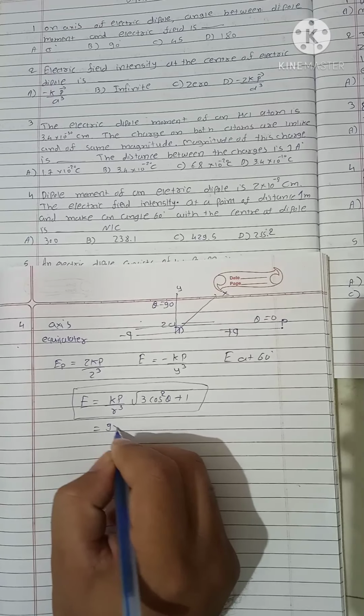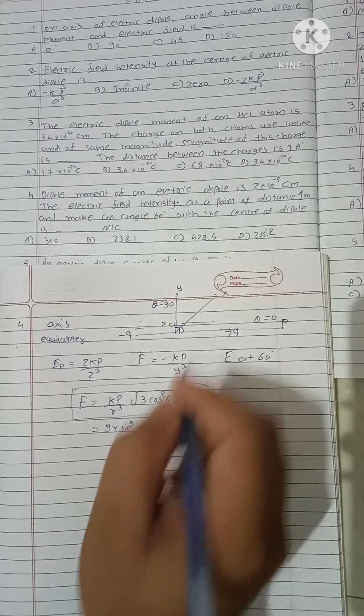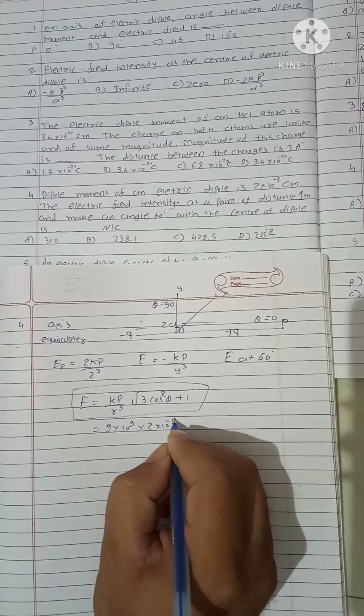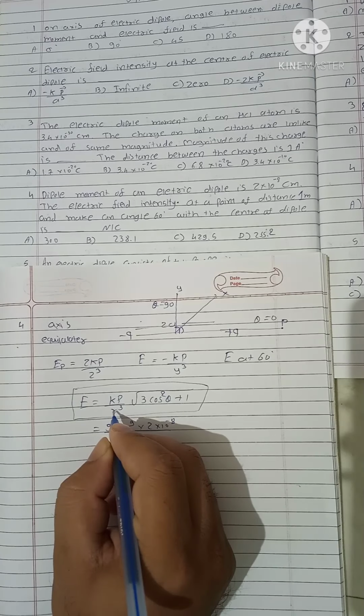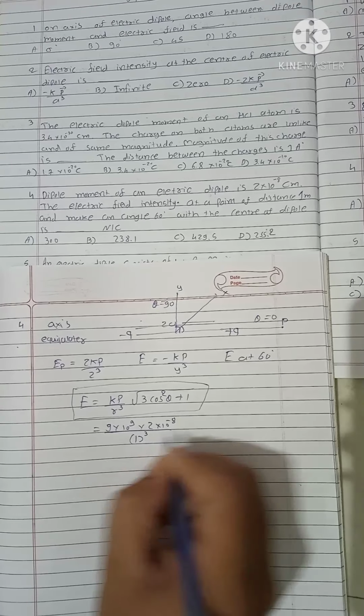K is 9 into 10 raised to 9, and p is the dipole moment, which is 2 into 10 raised to minus 8, divided by the distance, which is 1 meter, so we write 1 cube.